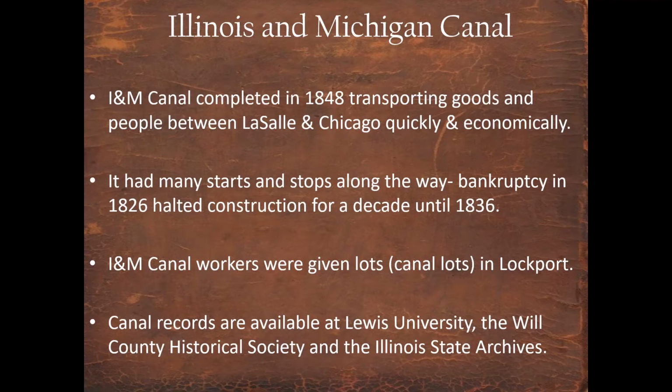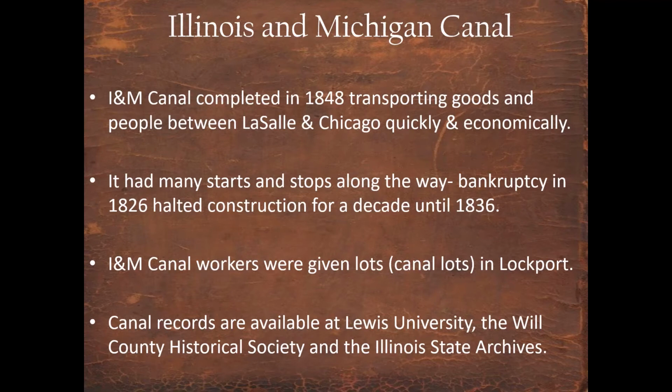So what's interesting to know is that it's moving goods and people north from LaSalle to Chicago, not the other way around. We kind of forget that in the 21st century, that it's moving people up, LaSalle to Lockport, Joliet, Lamont, and moving people in closer to the city as the state of Illinois fills up north.